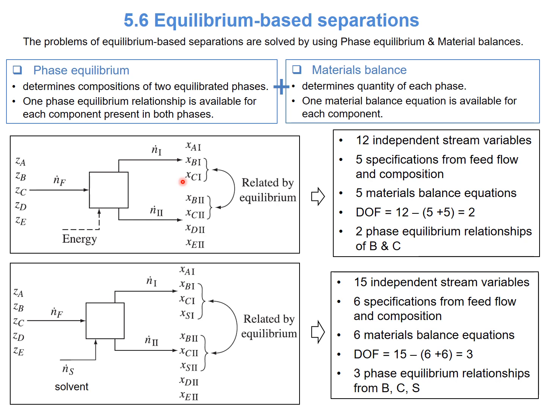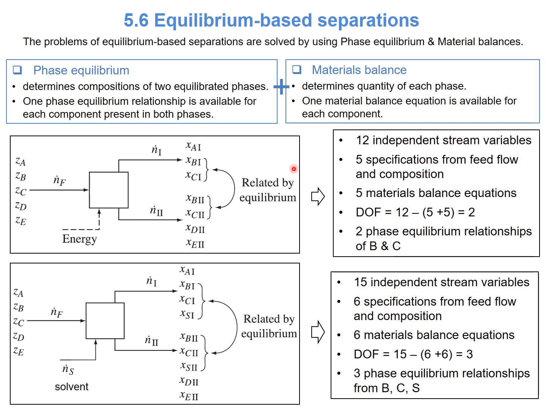Let me analyze this process in terms of degree of freedom. How many variables are there? 5 input, 3 output number 1 and 4 output number 2. So 5, 4, 3. 12 independent stream variables are available in this problem.